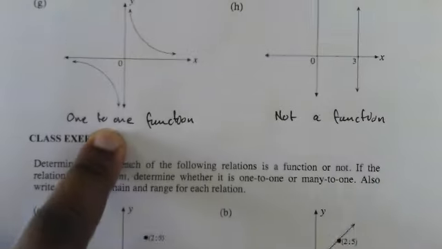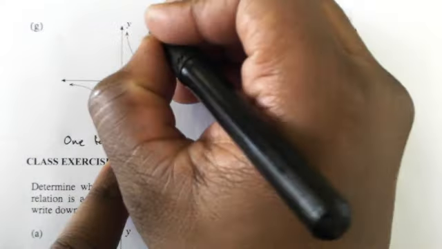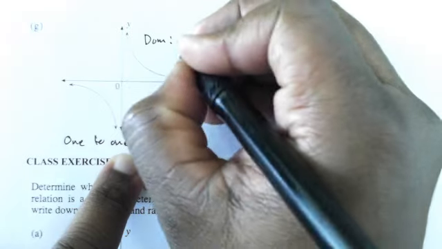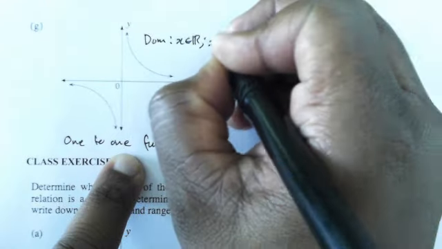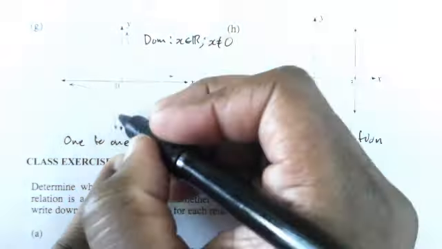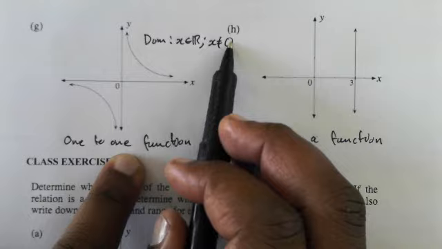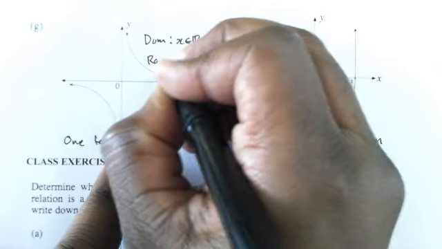Okay, and then on G here, where is it? There. Right, on G here, this is a standard hyperbola, right? So x can be any real number, but x cannot be equal to 0. As you can see, that's our asymptote. 0 is an asymptote, so x cannot be 0.